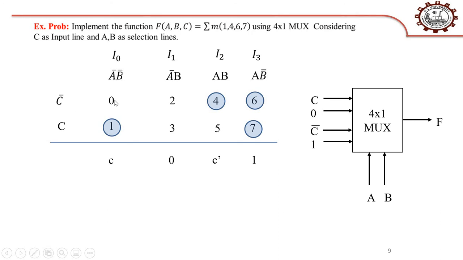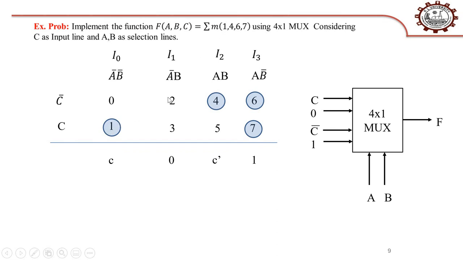So A bar, B bar, C bar is 0 here, because in the expression, 0 is not there. So that's why this is 0. Next, 1 means 0, 0, 1. A bar, B bar means 0, 0, and C means 1. So here the number 1 is there, so put number 1.